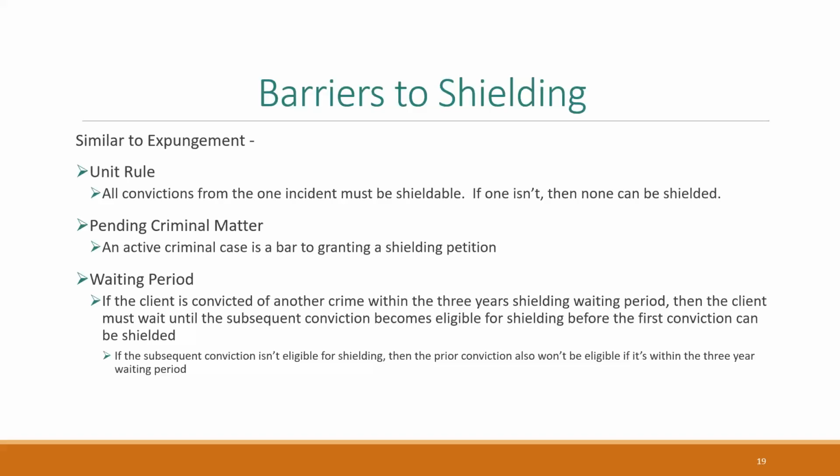You have to wait 3 years, and they cannot get another conviction in that 3 years that can't be expunged or shielded. So if it's something that could be expunged but not shielded, you would first file for that expungement, and then once the expungement is taken care of, you could file for the shielding. But if it can't be shielded or expunged, that's a complete bar to anything within that 3-year period.